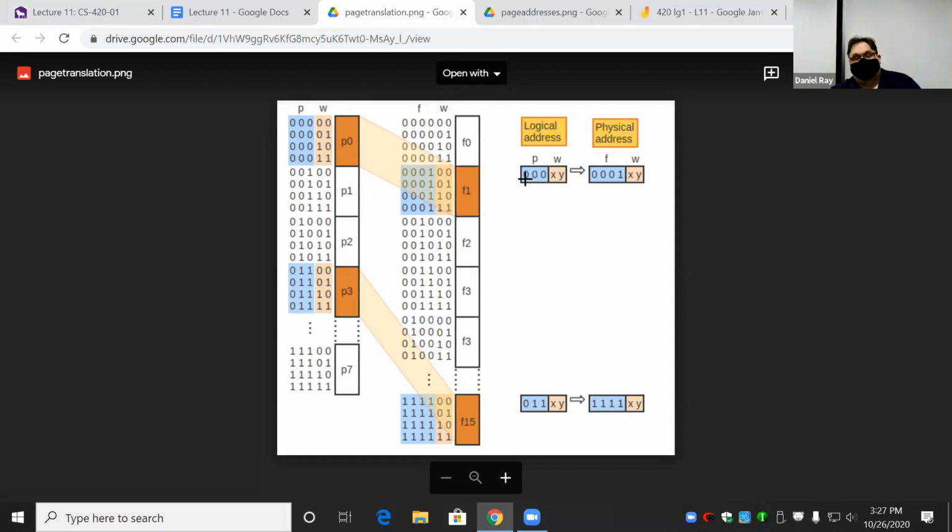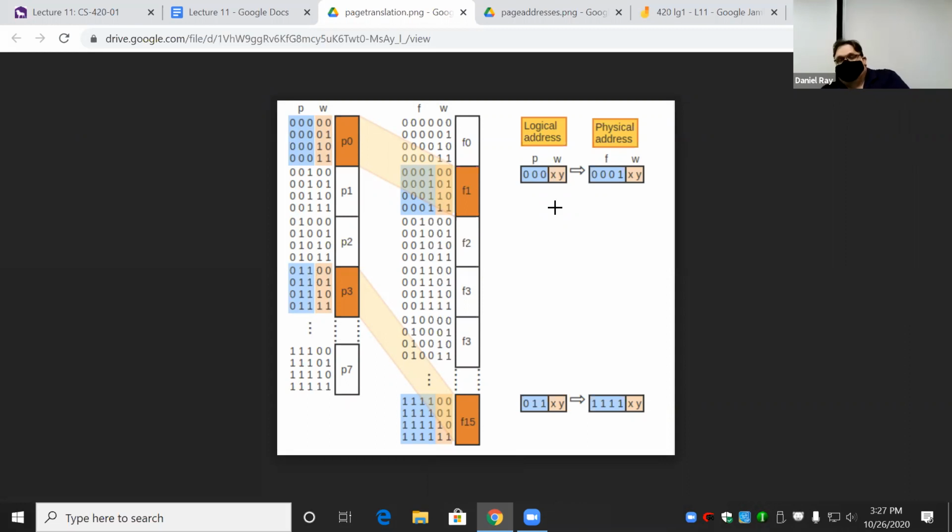So if a logical address is 000xy, xy could be 00, 01, 10, or 11, because x and y are both binary digits. Okay? Then a place where we would look up potentially would be 0001xy. Why?